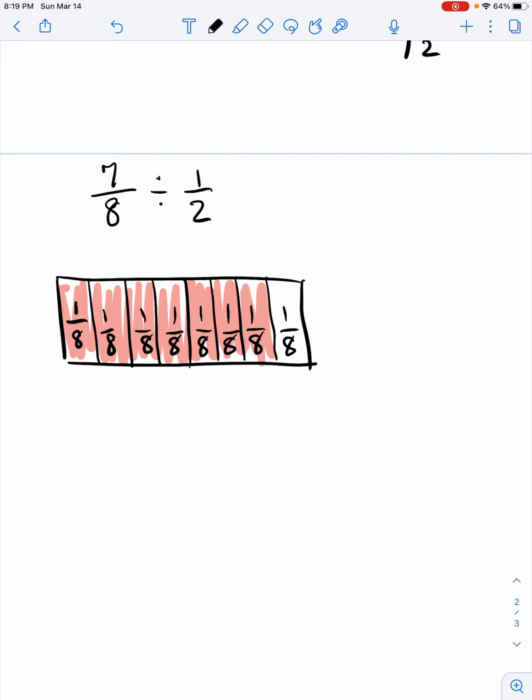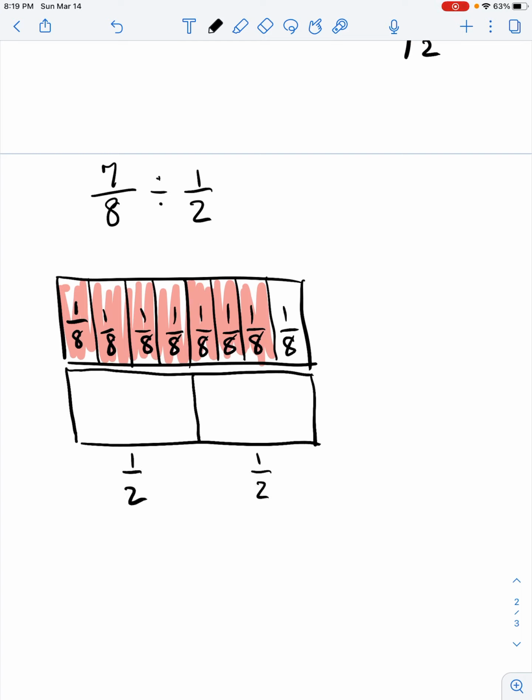Now I want to see how many halves there are in 7/8. So I'm going to actually draw a second model down here lined up. And that's going to be halves, right? This is a half, and this is a half.